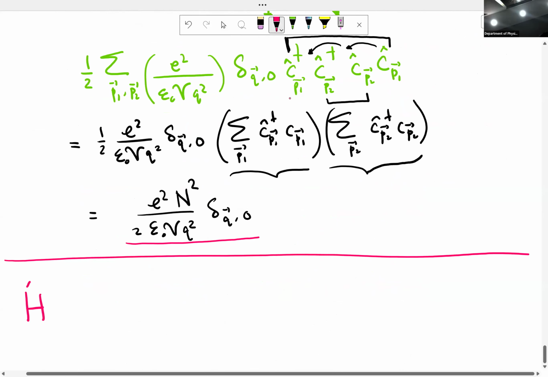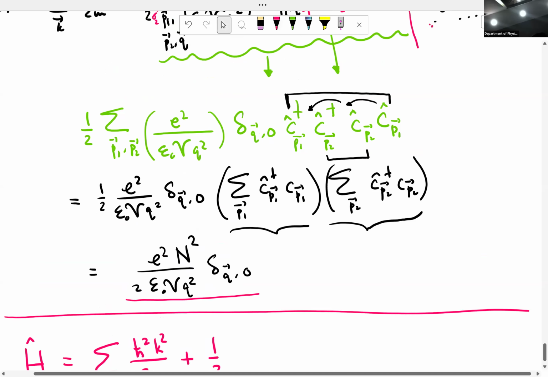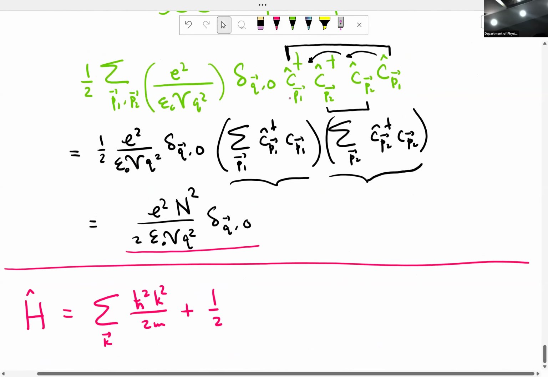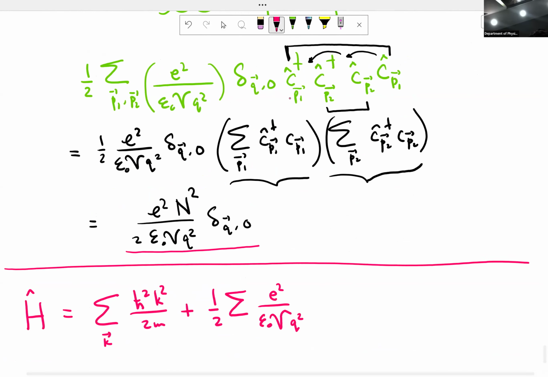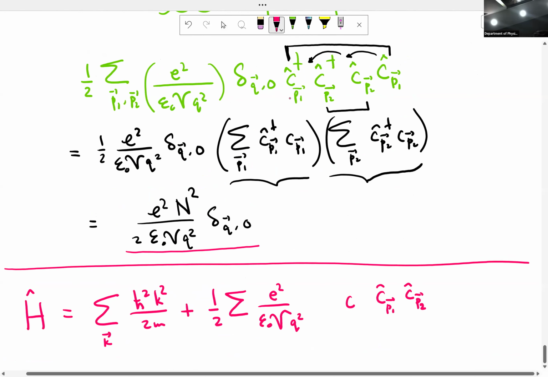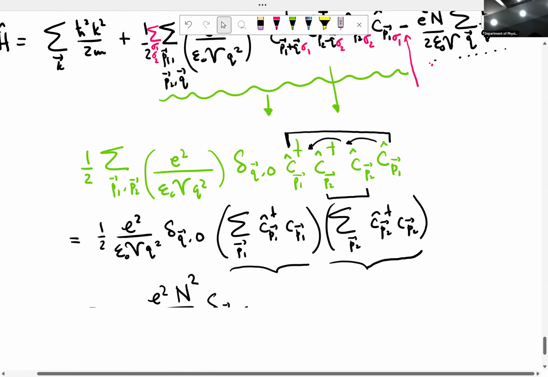So the final Hamiltonian is H bar square K square over 2m sum over all Ks plus 1/2 E square over epsilon naught volume Q square sum over momentas. I'll just write down the momentas in a minute. CP2, CP1, CP2, CP1 with some sigma, which we called sigma 1.